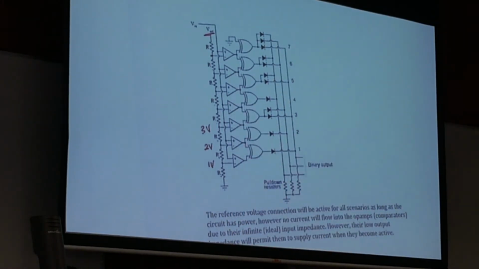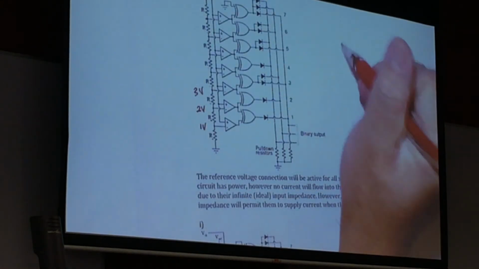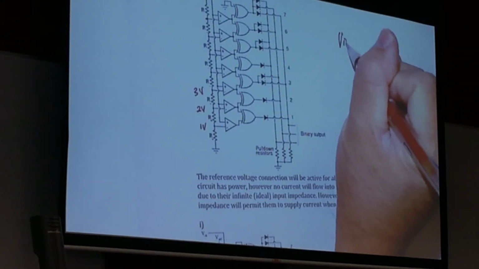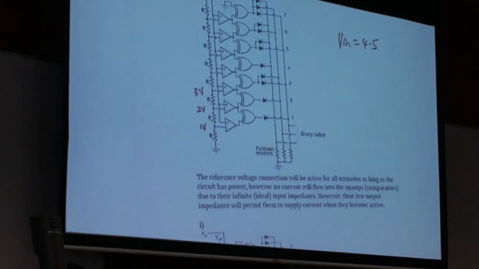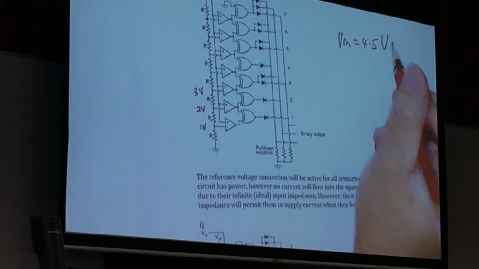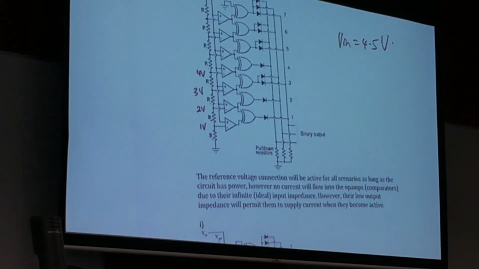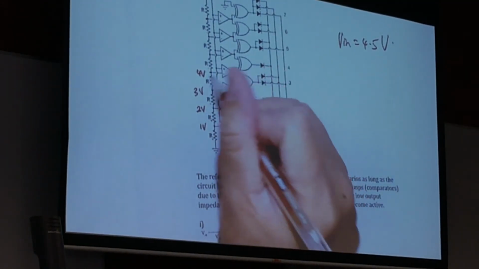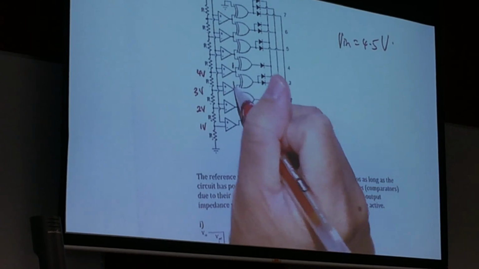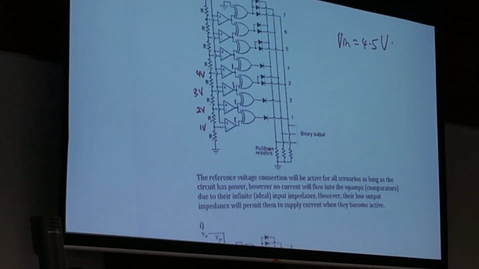Clear? So now let's look at what happens. Let's say my input V in is equal to 4.5. Now if V in is 4.5, obviously up to here this is 4 volts, right? Then these will be 1, 1, 1, 1. All the rest will be 0. Is that clear?